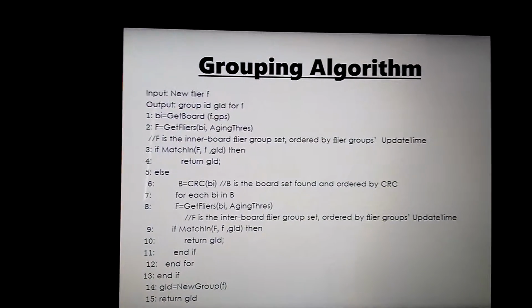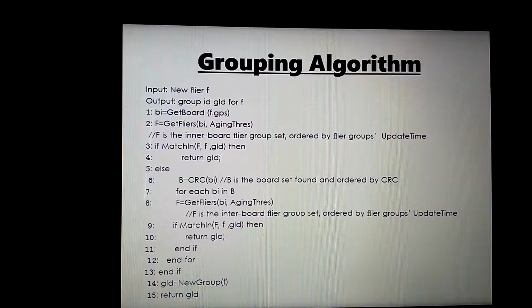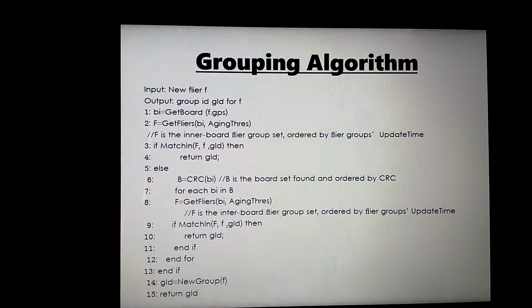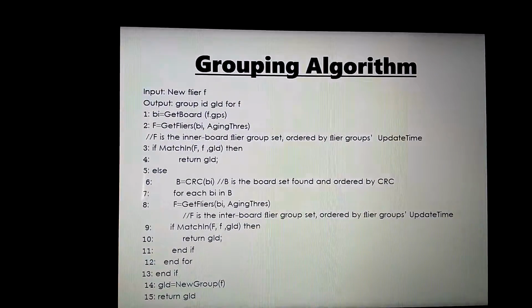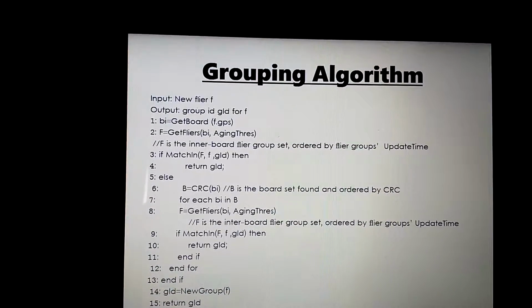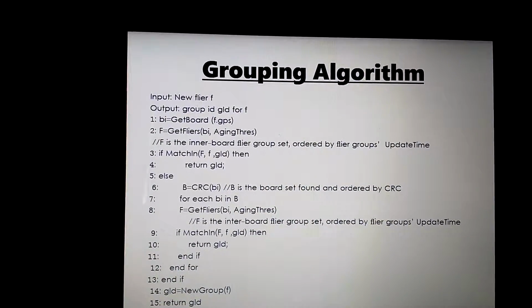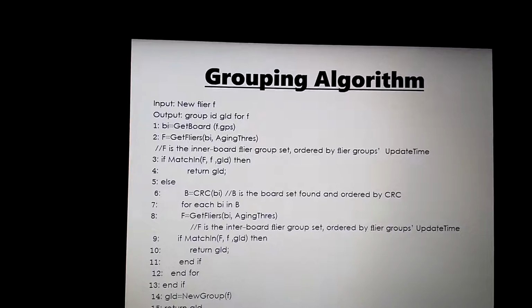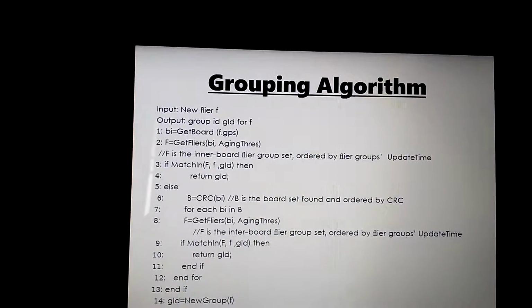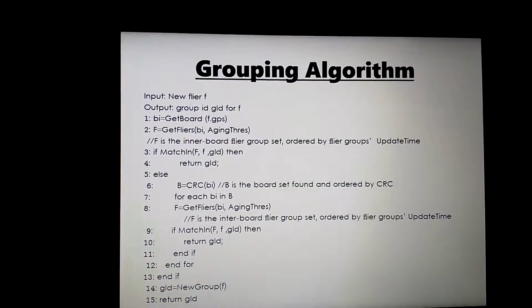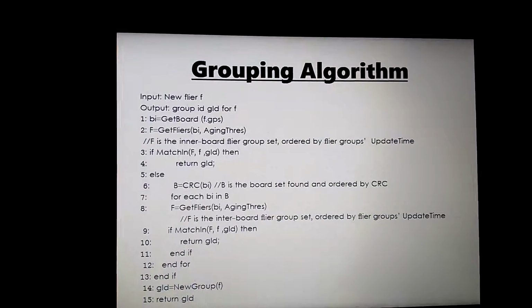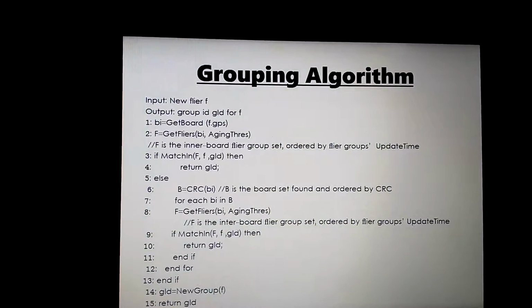The input is a new flyer F and the output is the group ID of flyer F. Basically, two things happen in this algorithm. First, if in the same flyer board there are two similar flyers, the algorithm eliminates the duplication.